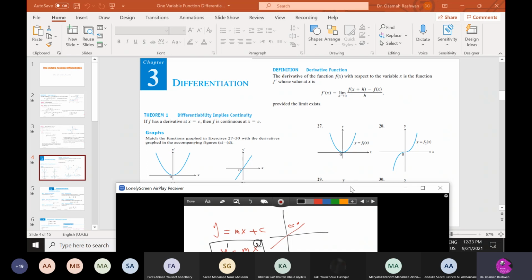I just said the derivative from the formula: d by dx of x to the power n is n x to the n minus 1. So the derivative has a power less than the original function f of x. If y dash has x to the power 1, the original one should have x to the power what?